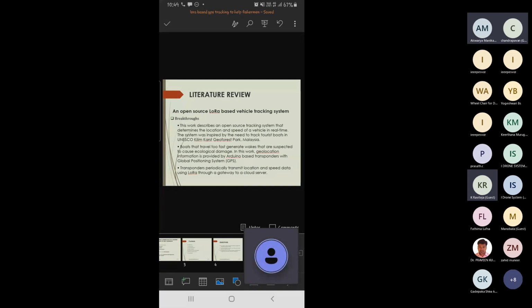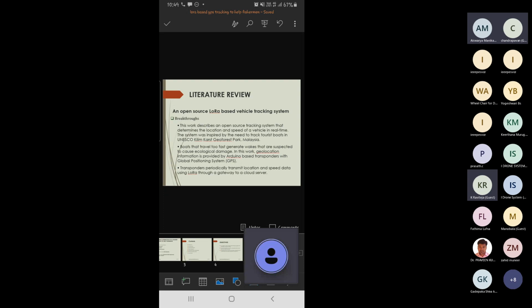We have gone through several papers and I'm presenting some of them here. First, an open source LoRa-based vehicle tracking system. The work described an open source tracking system that determined the location and speed of a vehicle in real time.